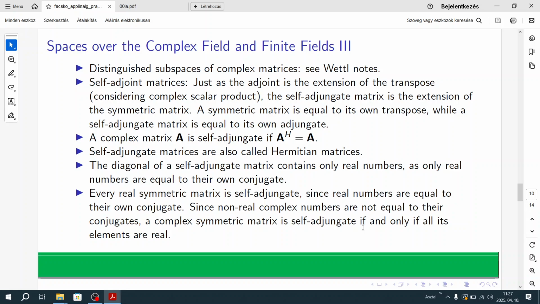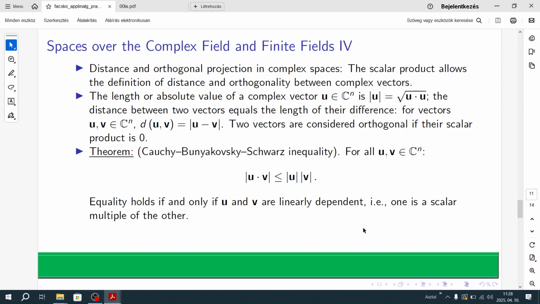A self-adjoint matrix means the diagonal contains only real numbers, because the real numbers are equal to their own conjugate. And all real symmetric matrices are self-adjoint. Great. Yes, this is what I told you.